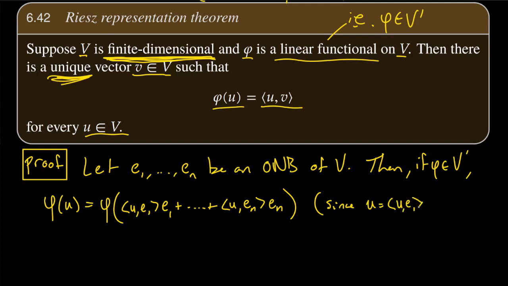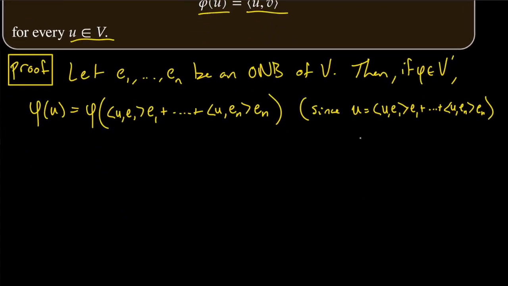It's not a parenthesis, that's an inner product bracket. We proved this at the start of class last time. So we showed, hey, if you've got an orthonormal basis, then you can write any vector as a linear combination of those basis elements really easily because the coefficients are just the inner product of the vector with the corresponding basis element. Okay. Now via linearity, you can break this apart quite simply.